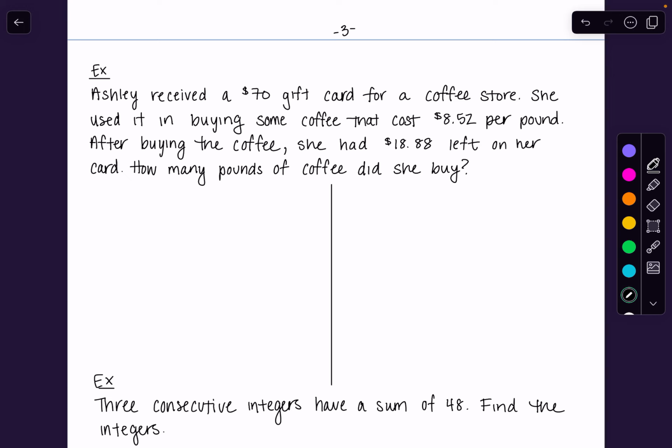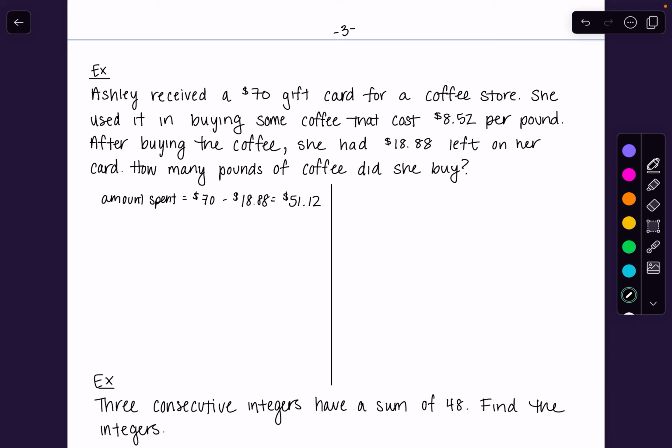So if I want to think of the amount she spent, I'm going to take the total price of the gift card and subtract what's left. So she ended up spending $51.12 on coffee.